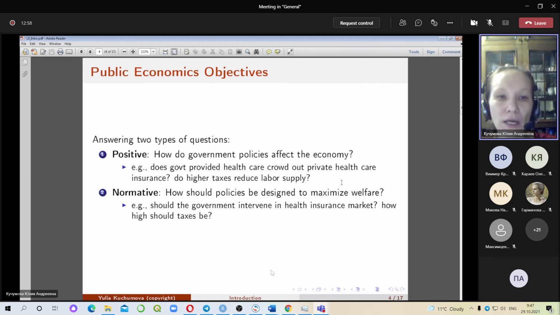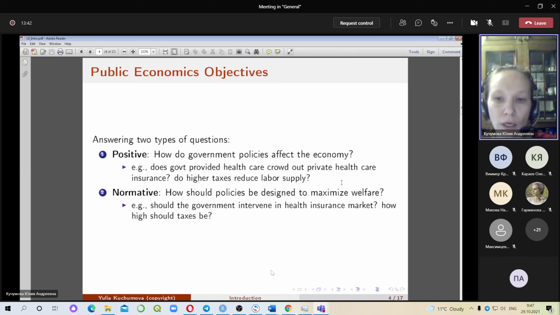But there is also another type of question, called normative questions. There we ask, how should policies be designed to be optimal, to maximize welfare? Once we understand how government policy affects some aspect of our economic life, we try to move forward and understand how those policies should be designed.